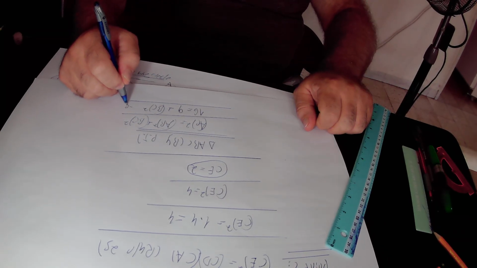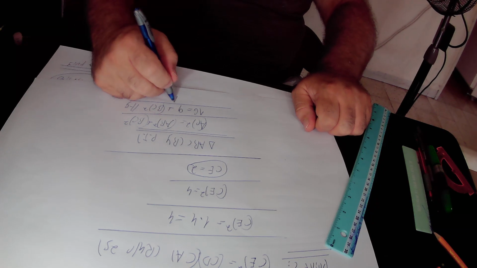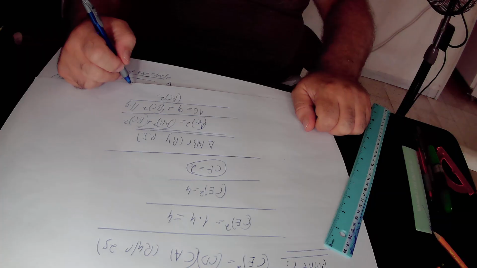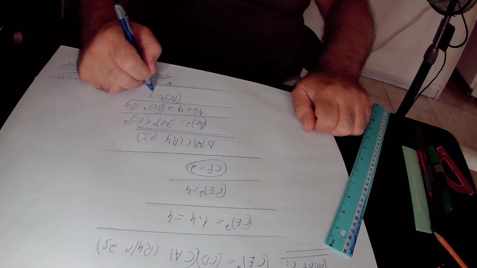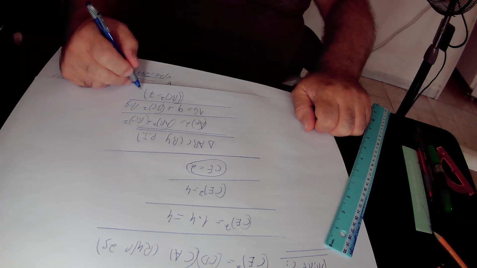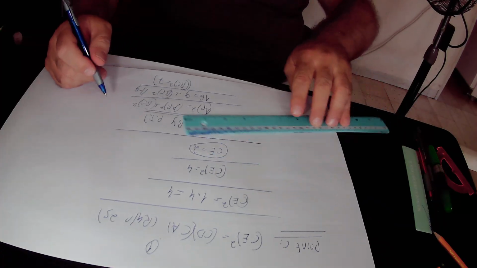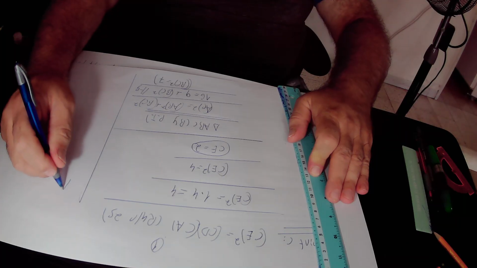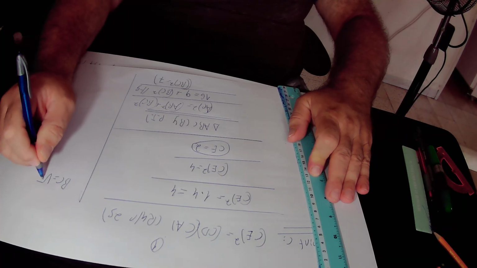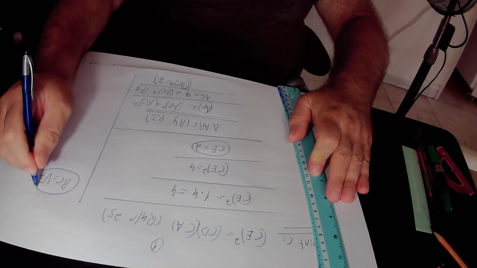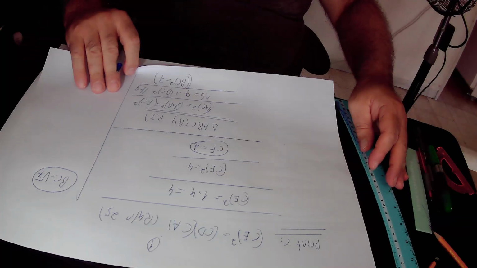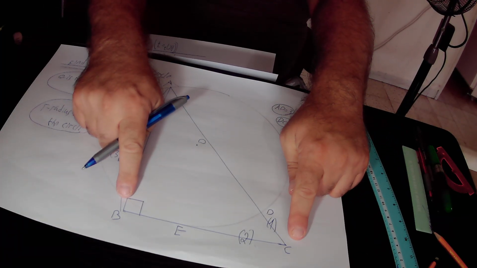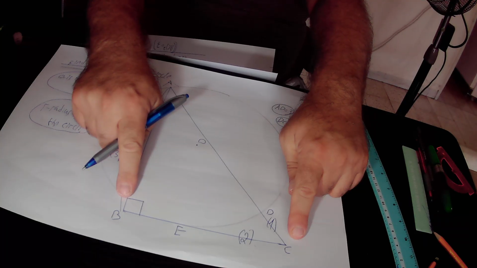Here we subtract 9 from this equation, and we get that BC squared equals 16 minus 9. 16 minus 9 is 7. So BC squared equals 7. Here we take a root out of this equation, and finally we get that BC equals the square root of 7 units in its length. So this is side BC, which equals the square root of 7 units in its length.